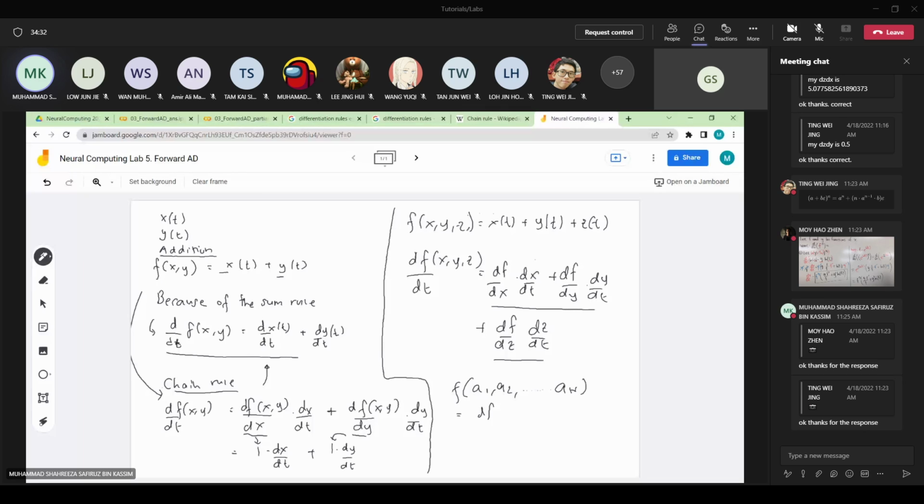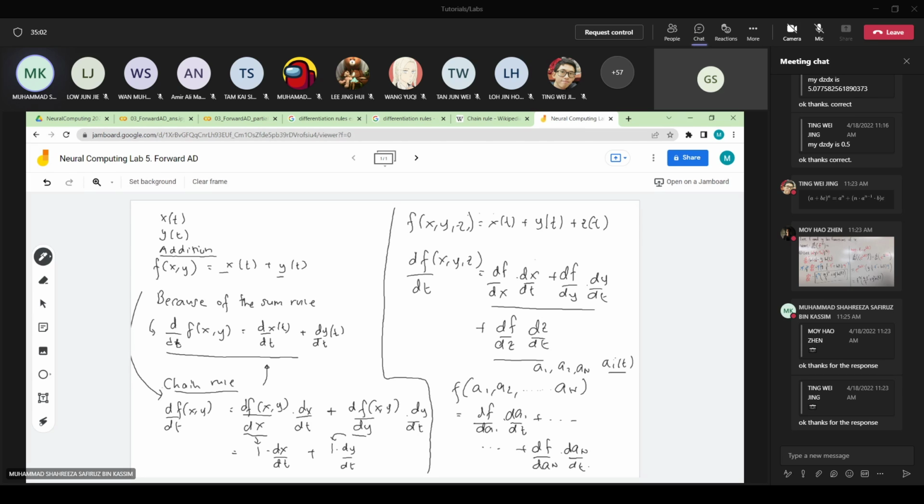So df/da1 times da1/dt, where all of these a1, a2, up to an are functions of t, plus and so on, plus df/dan times dan/dt.